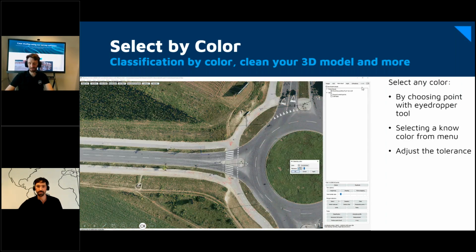We thought also ourselves that there has to be a tool that is capable of selecting the points that are of similar color, and you can use that as a classification tool or as a cleanup tool. And I will first show you how you can clean up the point cloud using this tool.